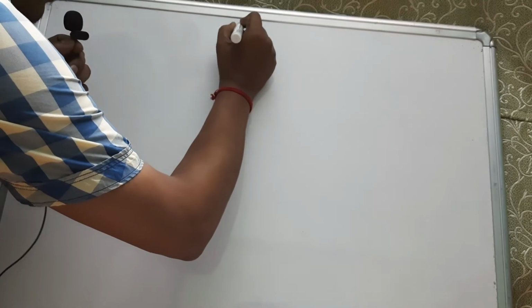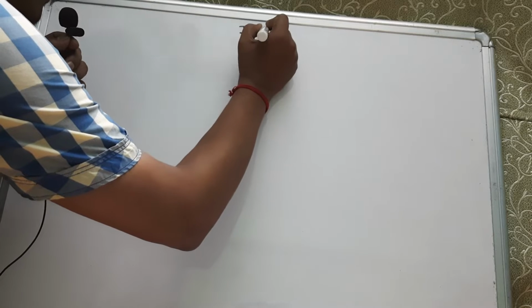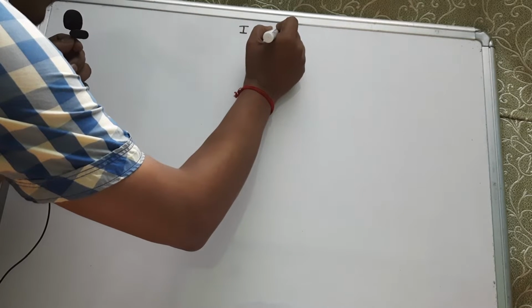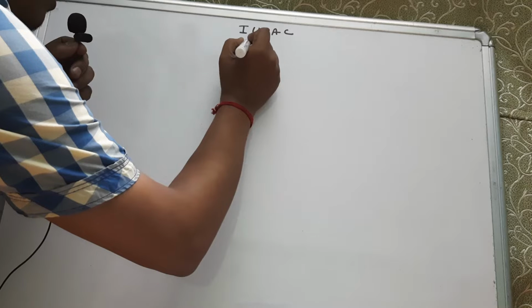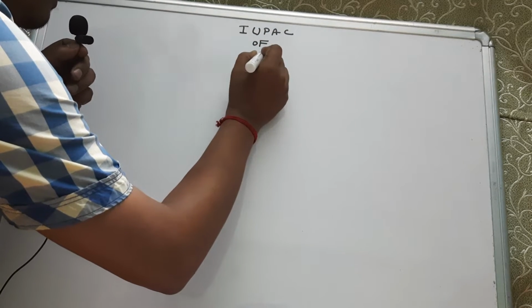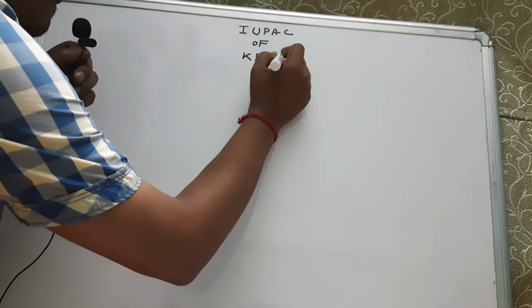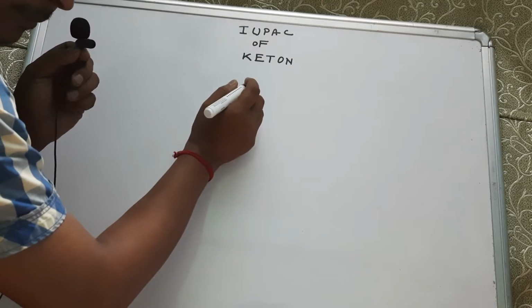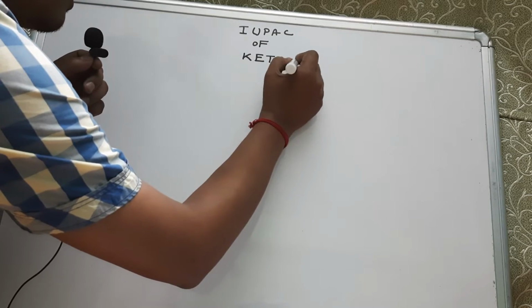And today we are going to discuss the IUPAC nomenclature of ketones. In our previous class, we have seen the IUPAC nomenclature of aldehydes, and now today we are going to discuss the IUPAC nomenclature of ketones.